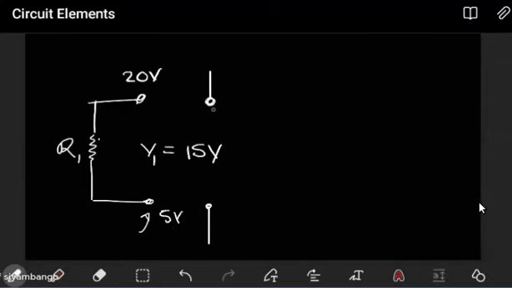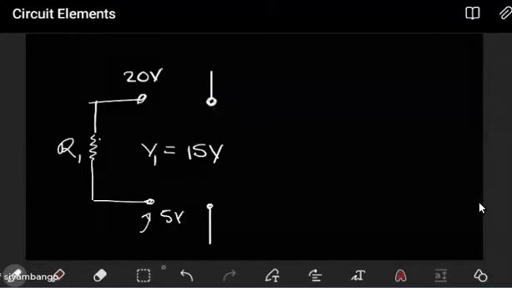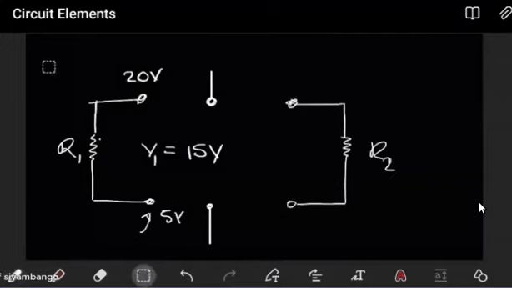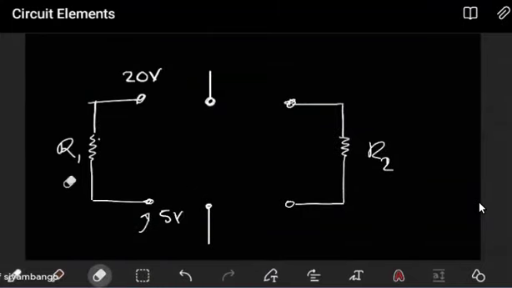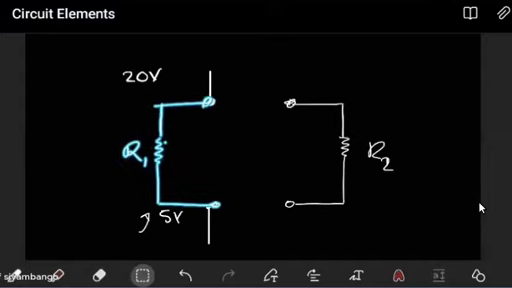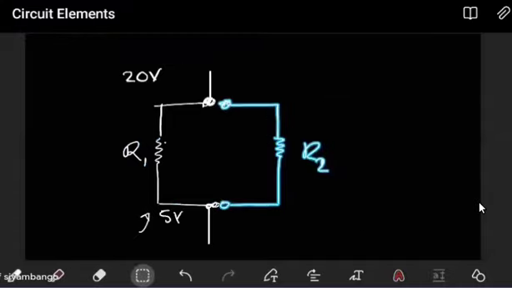But when two elements are connected to the same 2 points, what does it mean? It means that the difference in potential for the first one will be the same as for the second one. Why? Look at that. This is connected to here, and this is connected to the same 2 nodes.